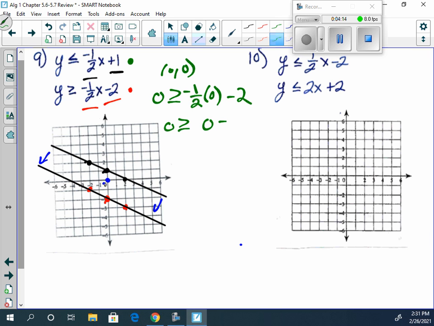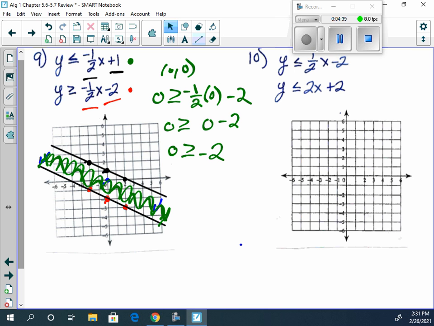Negative 1/2 times 0 is 0, and 0 minus 2 is just negative 2. Is 0 greater than or equal to negative 2? Yes, so we shade towards the point 0, 0. So for this one, we would shade in the middle, between the two lines.